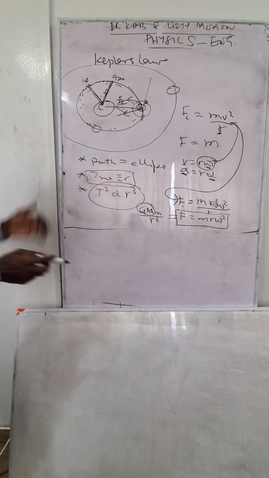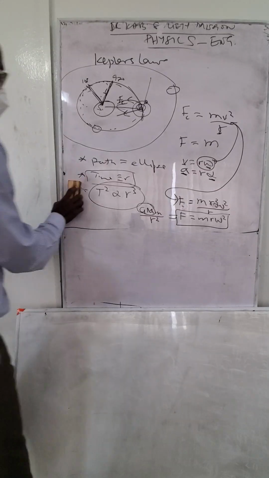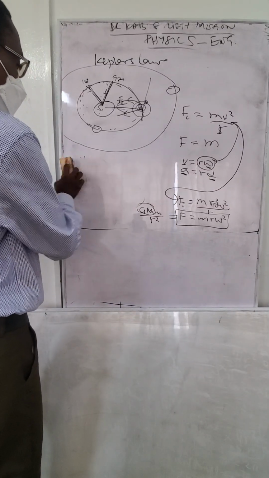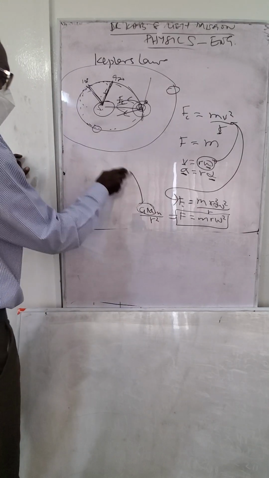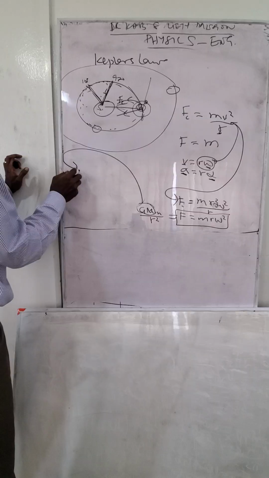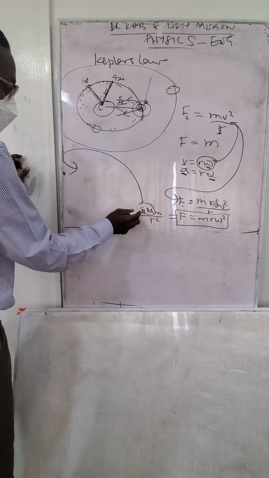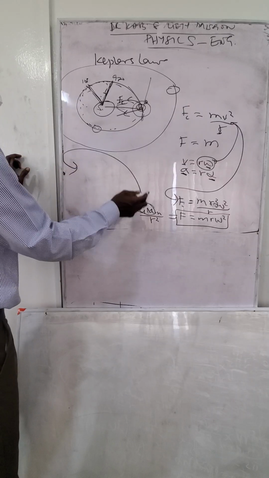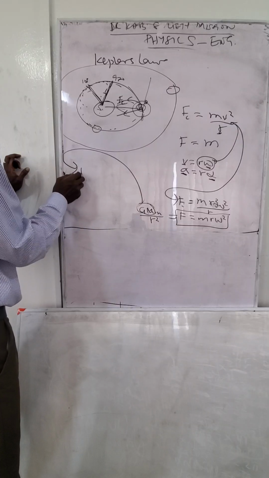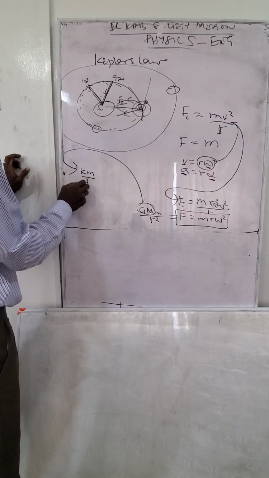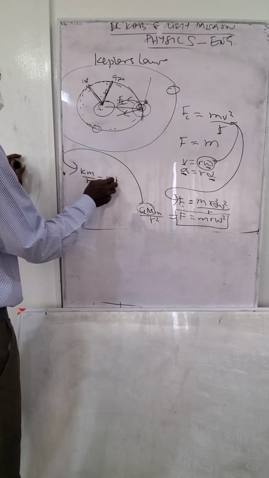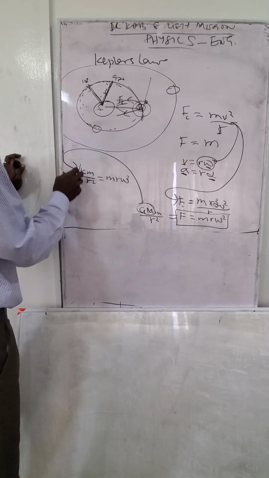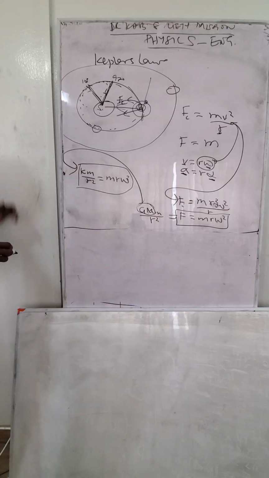G is constant and the mass of the sun is also constant, so it becomes K m over r squared is equal to m r omega squared. This is where I want us to look.